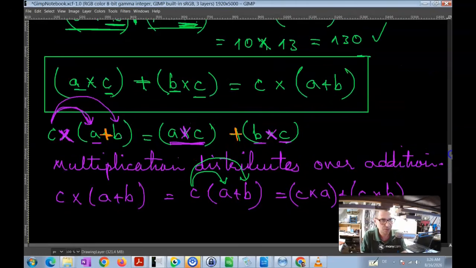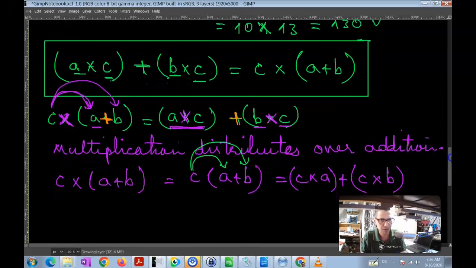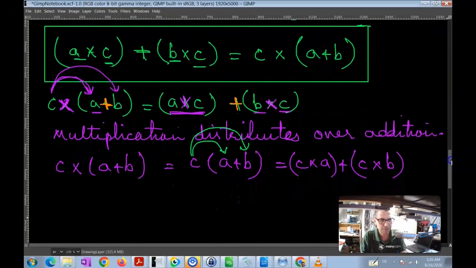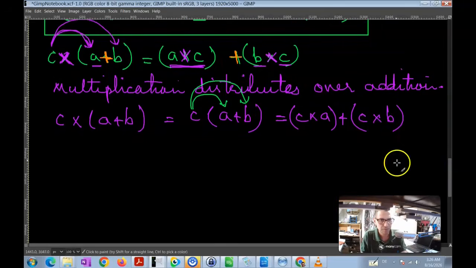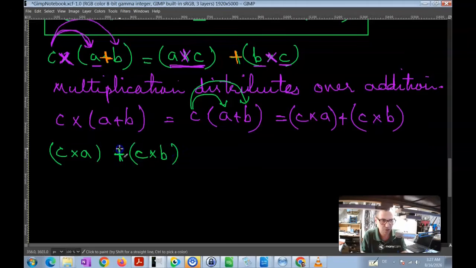And also the other thing that we talked about here is that you can go the other way around, meaning that when you have c times a plus c times b, note that there is addition over here, meaning that this expression is being added to this expression, and there is multiplication and multiplication, meaning that both this expression and this expression have to actually be multiplication.